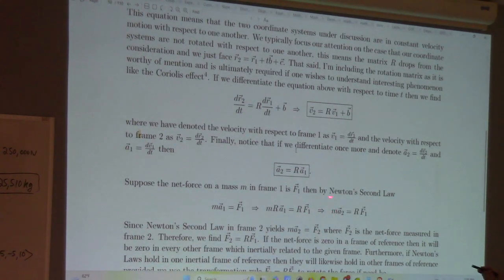And so in order for Newton's laws to be consistent, if I have a force in one coordinate system, that same force must be represented by just the rotation of it into the second inertial coordinate system. All right, that would be what would be required for Newton's laws to be consistent, right?